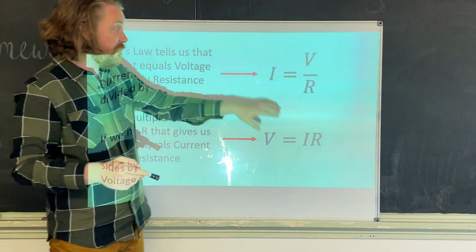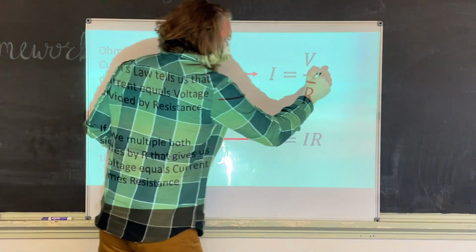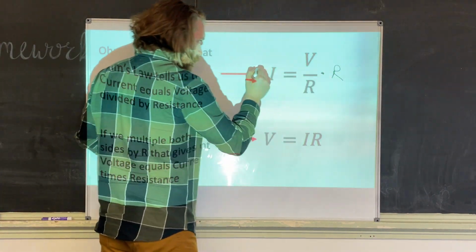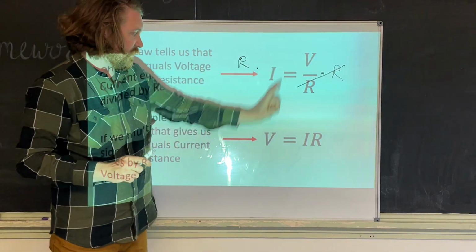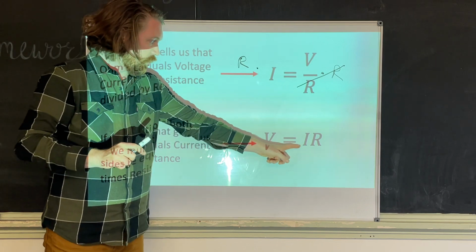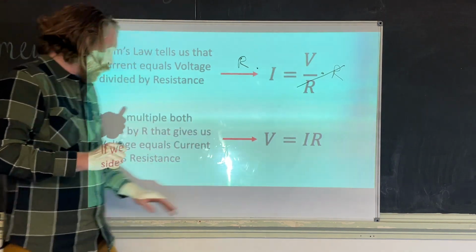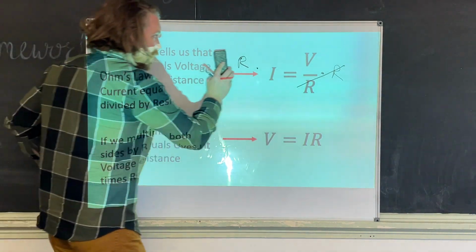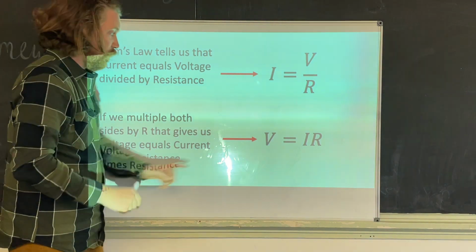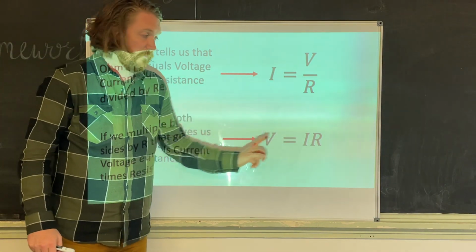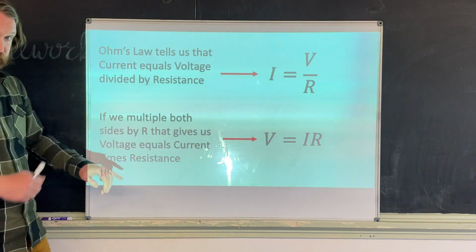Now, if I want to move the R from the bottom of this equation, I would multiply both sides by R, and R divided by R would cancel, and now I get voltage equals current times resistance. See that? These 2 equations are exactly the same. I just rearranged them. And you will see that there is a very good reason why we want to see this. VIR. V equals I times R. Voltage equals current times resistance.